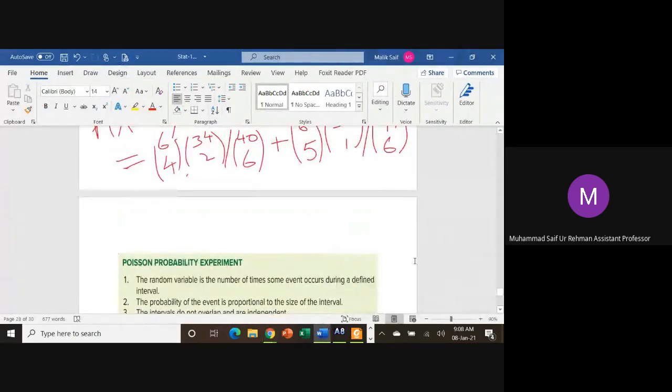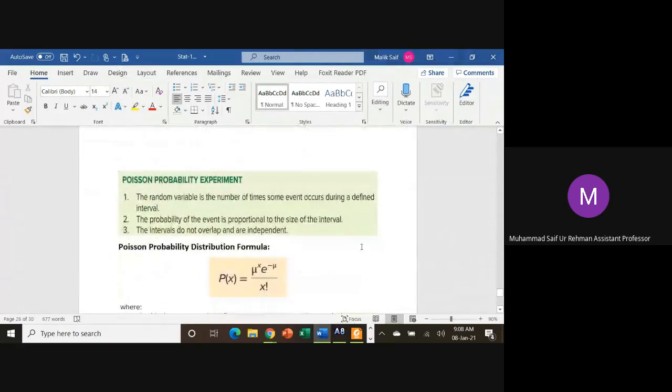Basically, the idea is that if the probability of success in some experiment is so small and the number of trials is so large, then we normally use Poisson probability distribution, and we prefer using this because it is more convenient as compared to the binomial probability distribution.